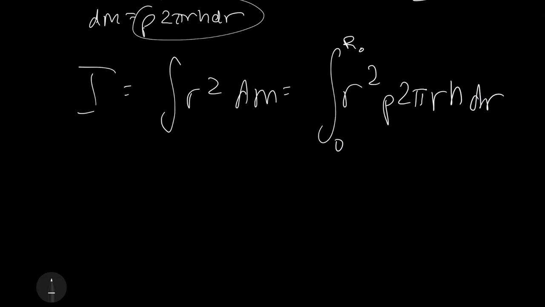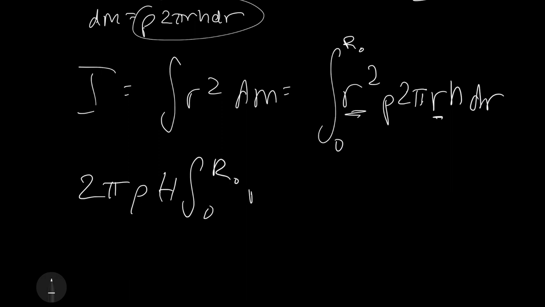So 2 is a constant, pi is a constant, and since it is uniform, rho is a constant, and h is also a constant. So we can pull this out, 2 pi rho h, integral from 0 to r naught, and these terms are the same, so they can combine, so that's r cubed dr.